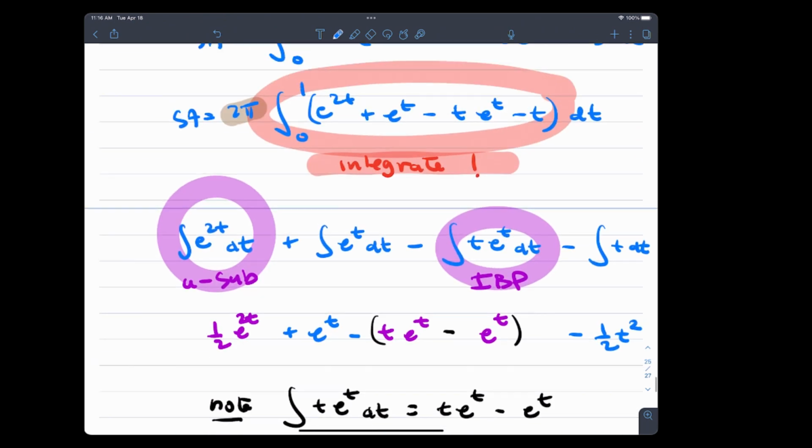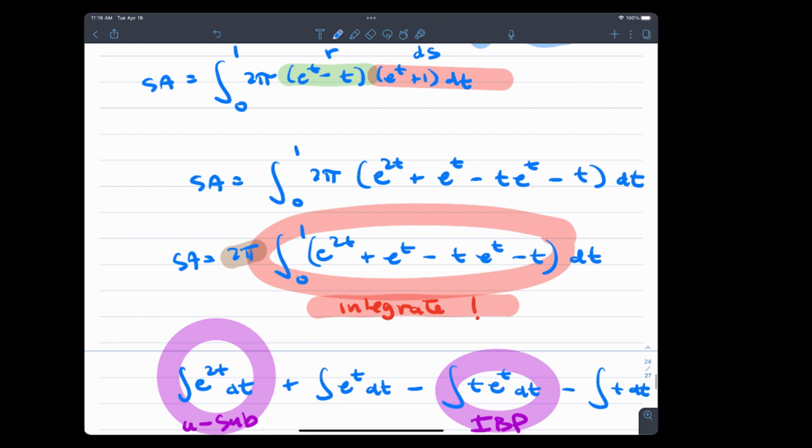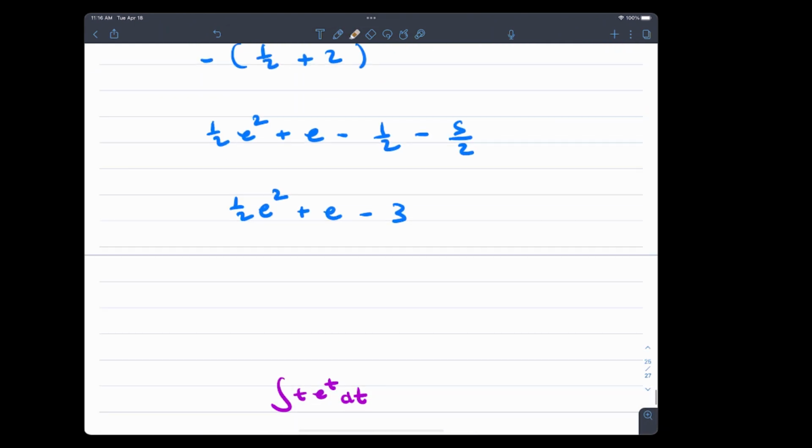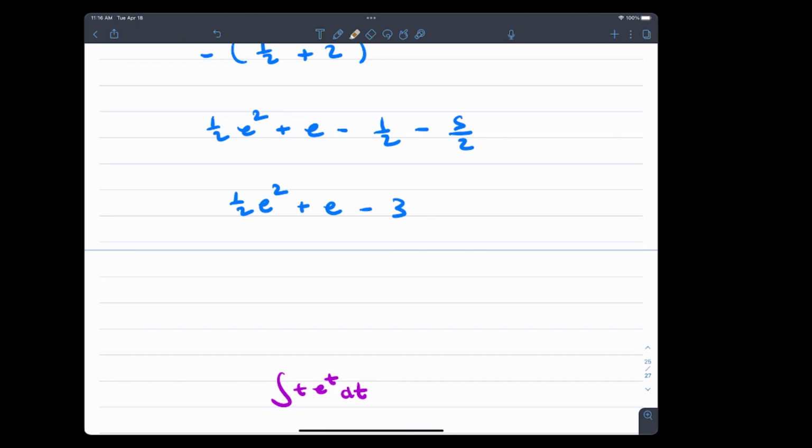But don't forget, you got a factor of what? 2 pi here. There it is. Factor of 2 pi. So, there we go. Let's just distribute the 2. So you got your pi e squared plus 2e minus 6.